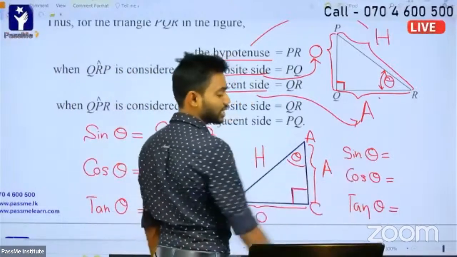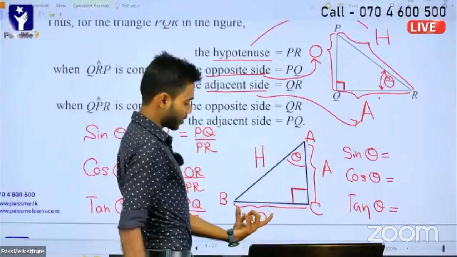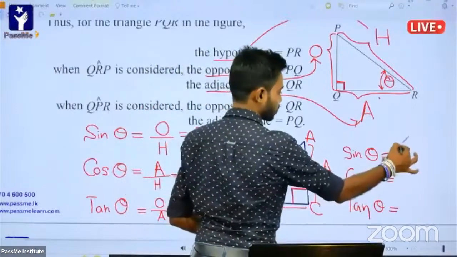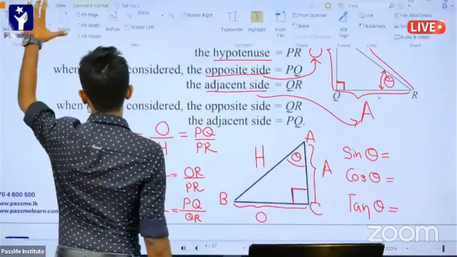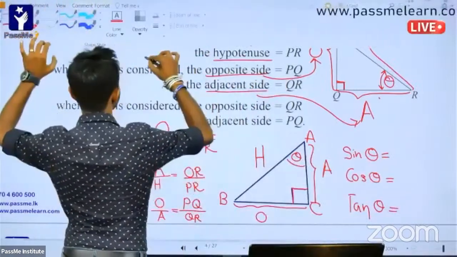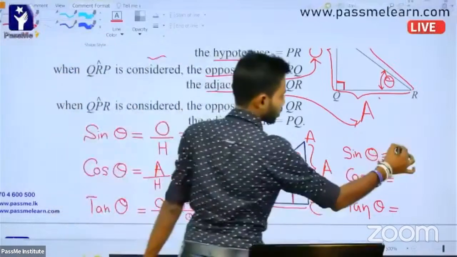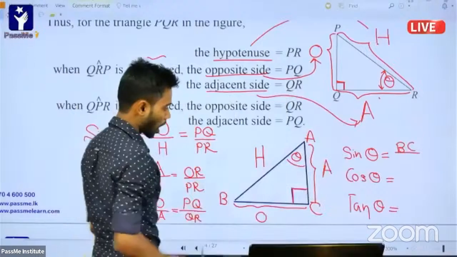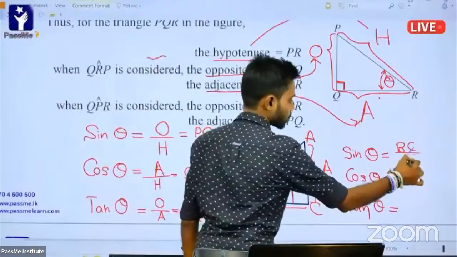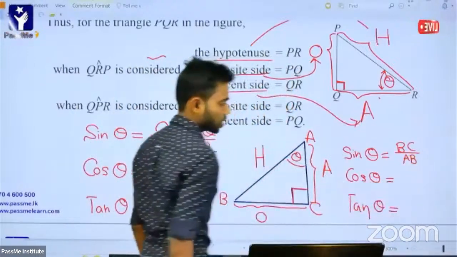Right, look. sin theta is the opposite side, BC. So you have to write BC divided by hypotenuse AB. So this is the answer for sin theta, right?